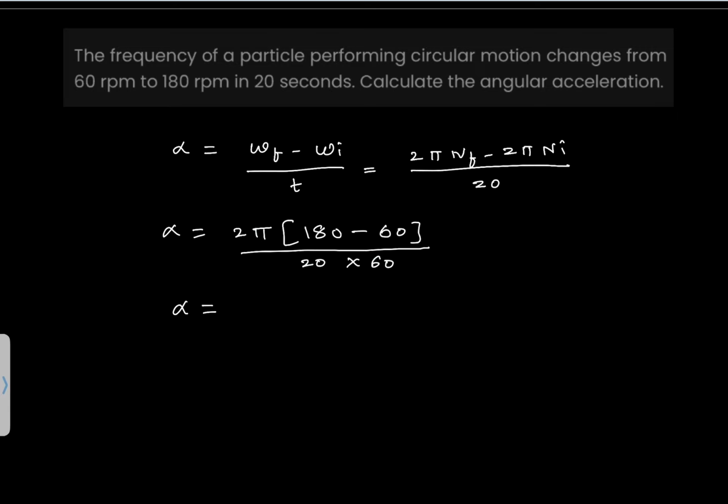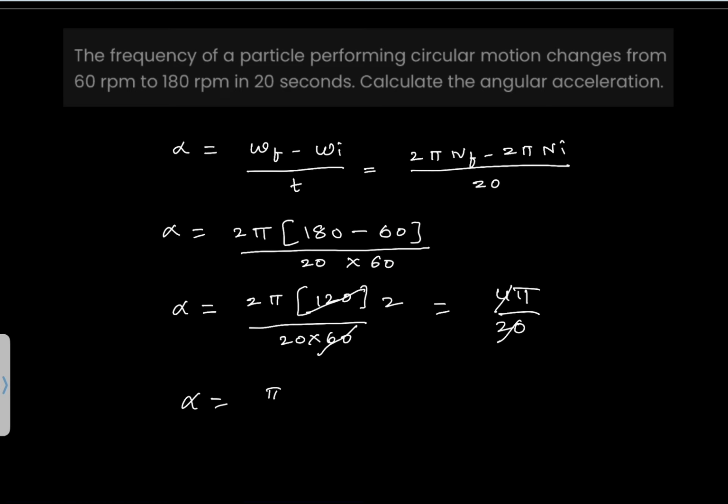Alpha equals 2 pi, and this is 120 divided by 60, which is 2. Finally I'm getting 4 pi by 20. So you can cancel this 2 also. Finally alpha I'm getting as pi by 5 radians per second square. Fine. Let's move to the next question.